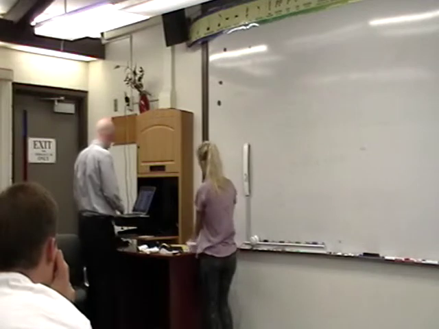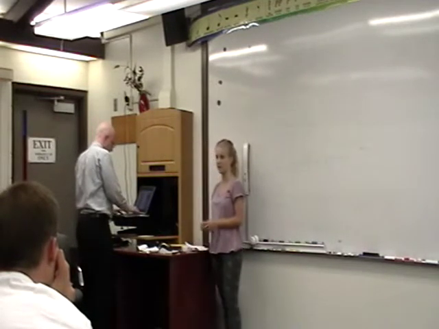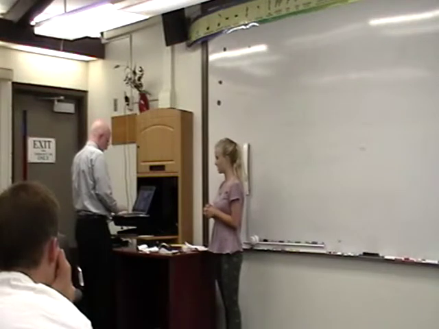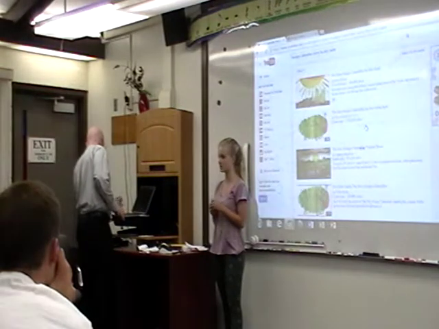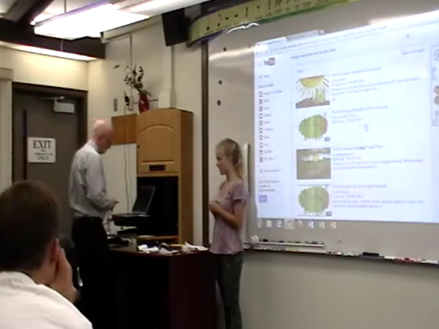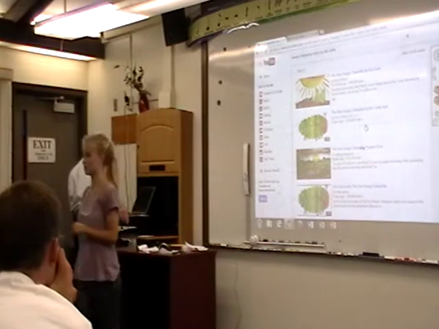So while we're watching this video, I want you to think about how you want to organize a timeline. We're going to be reading The Hungry Caterpillar. So just keep in mind how you want to organize this, and try to remember what happens when.